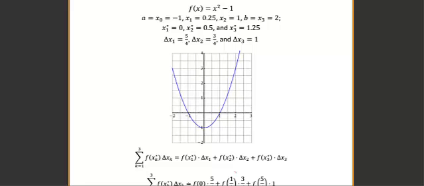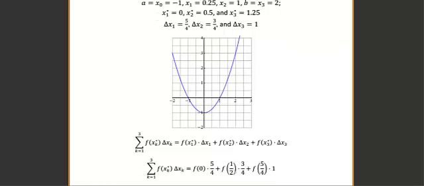Now I want to calculate the sum. I have f of 0, since x sub 1 star is 0, times delta x sub 1, which we saw was 5/4, going from negative 1 to 1/4. Evaluating at 0, I get negative 1.